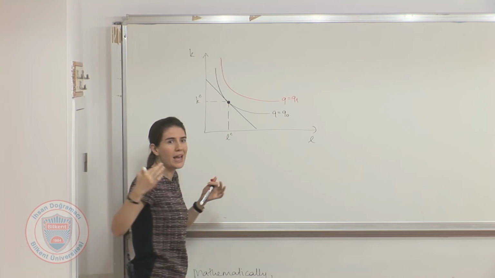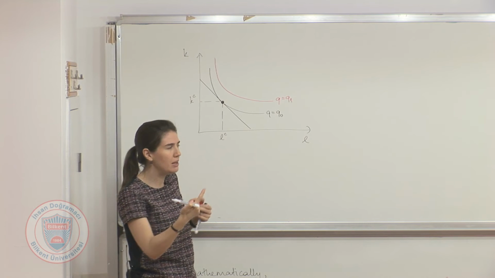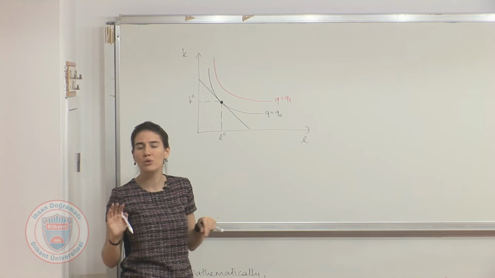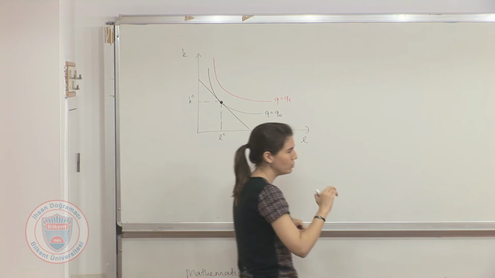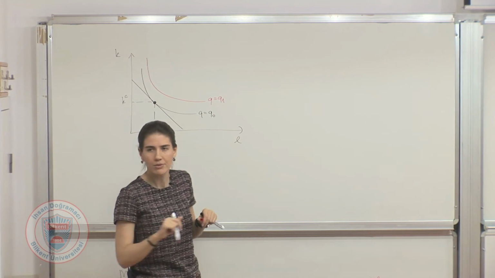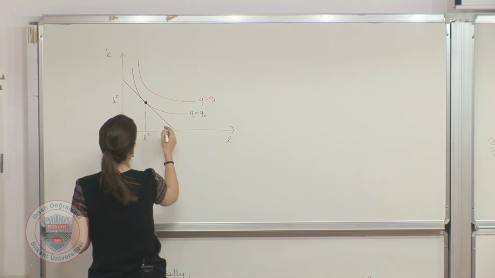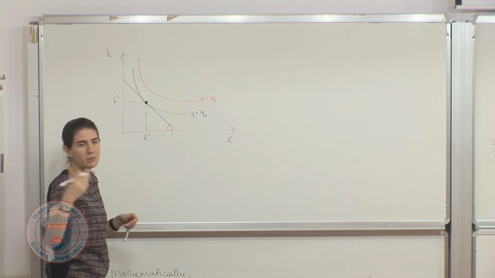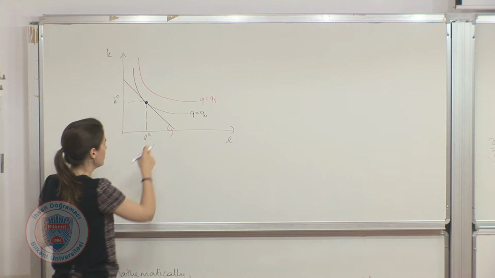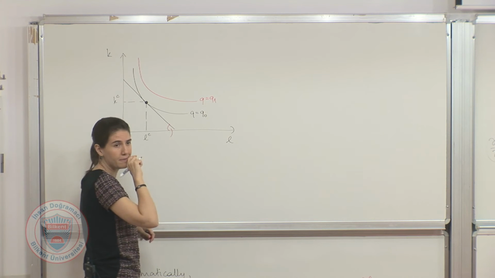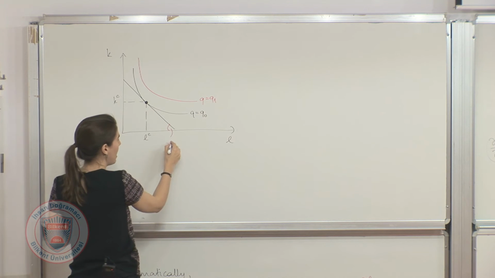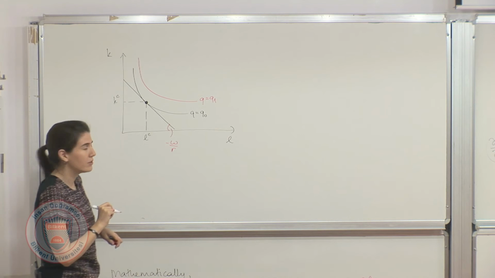Then cost minimization tells me, whatever output you would like to produce, given the wage and R, I know your optimal amount of capital and labor, right? So what is the slope of this line? Minus W over R, right?